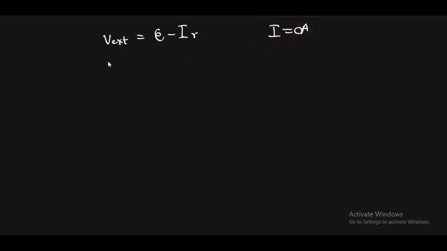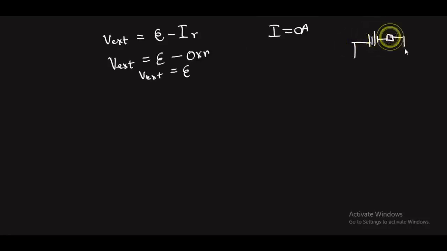So now it means that V external is equal to the EMF, because here I'm going to have 0 multiplied by R, which is 0. So V external is equal to the EMF.